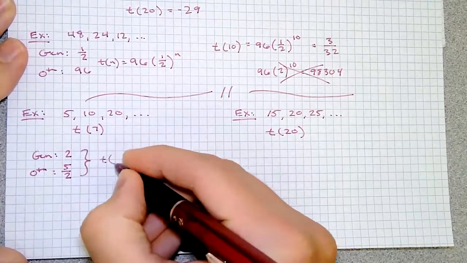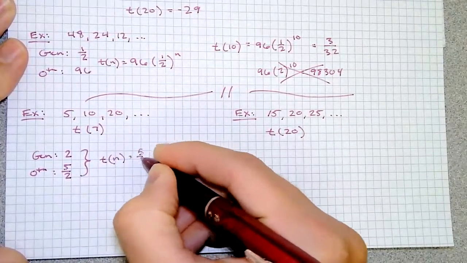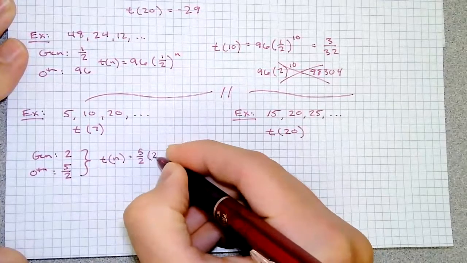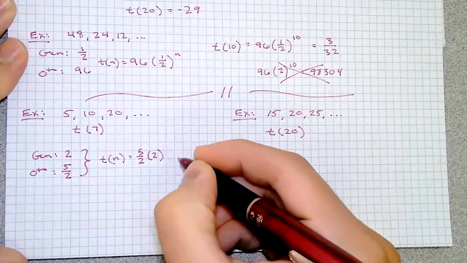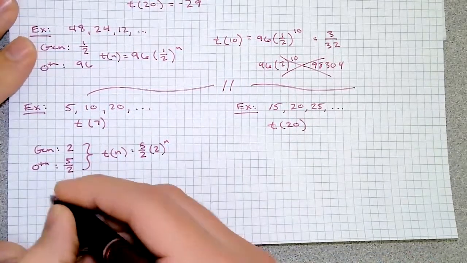So now with our equation, we need our 0 term first, which is 5/2. Our generator is 2, raised to the nth power.